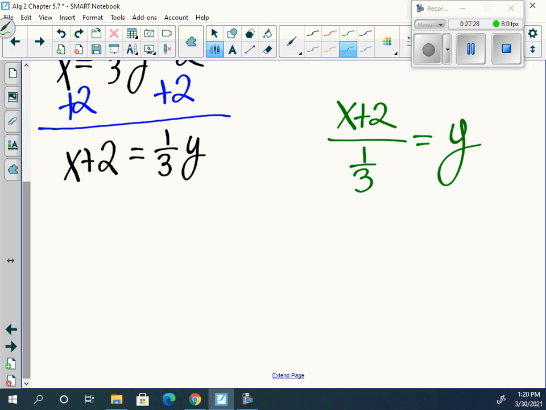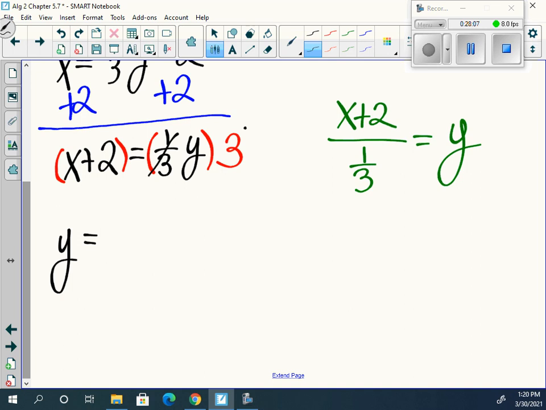But what we can do is we can actually use multiplication. And I can multiply it by its reciprocal. And the reciprocal of 1/3 is 3. Because the reciprocal is the flip. Because 3 times 1/3 would actually give me y. Because 3 times 1/3 is 1.